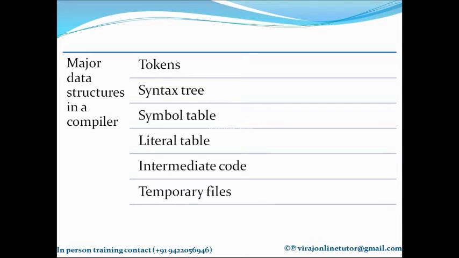Intermediate code can be kept as an array of text strings, or it can also be saved as a temporary text file, or as a linked list of structures. So next is temporary files.